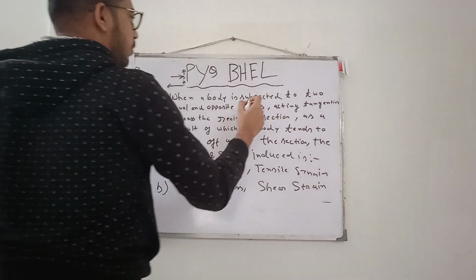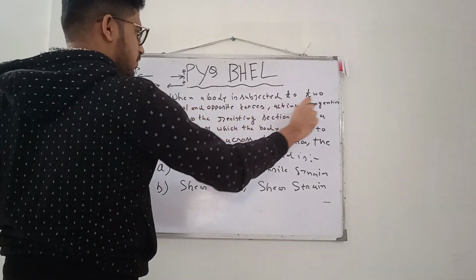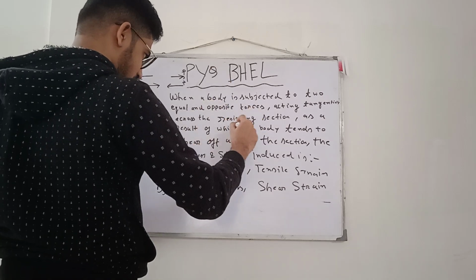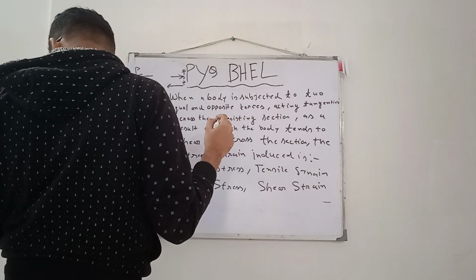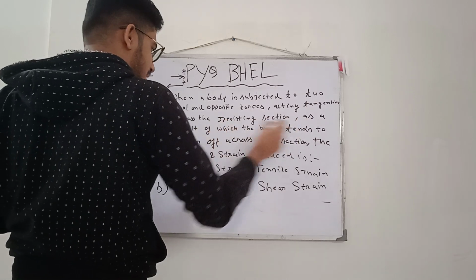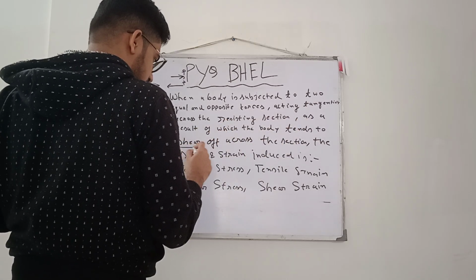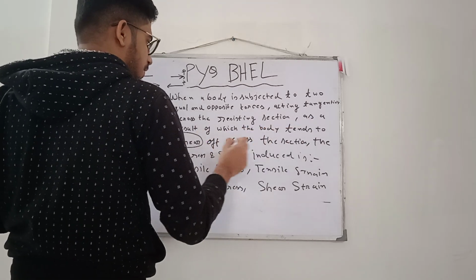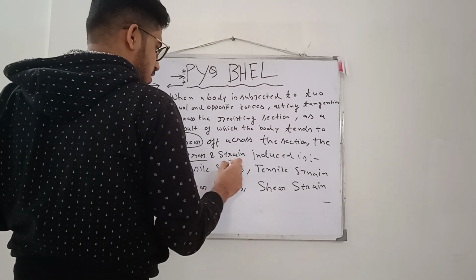Okay, when a body is subjected to two equal and opposite forces acting tangentially across the resisting section, as a result of which the body tends to shear off across the section, the stress and strain induced is what?